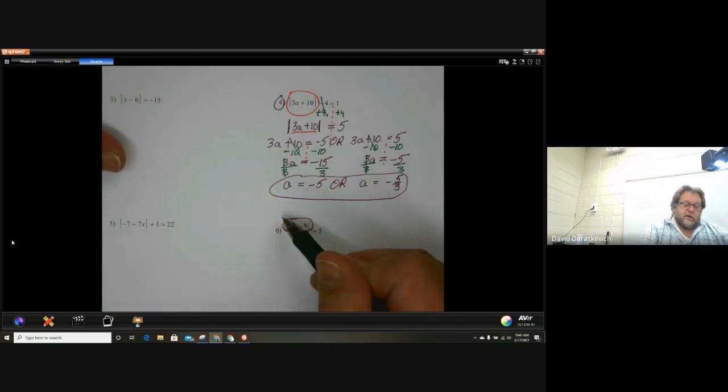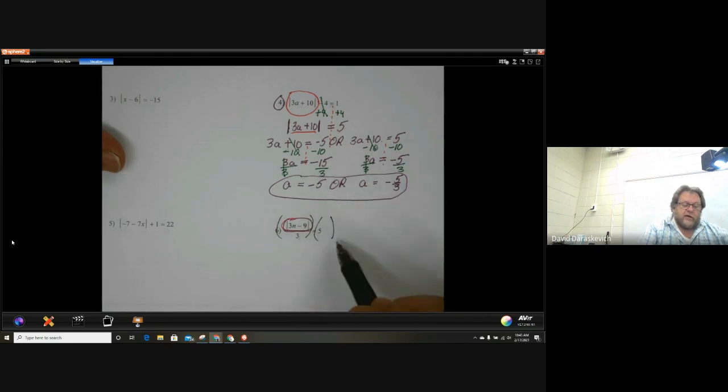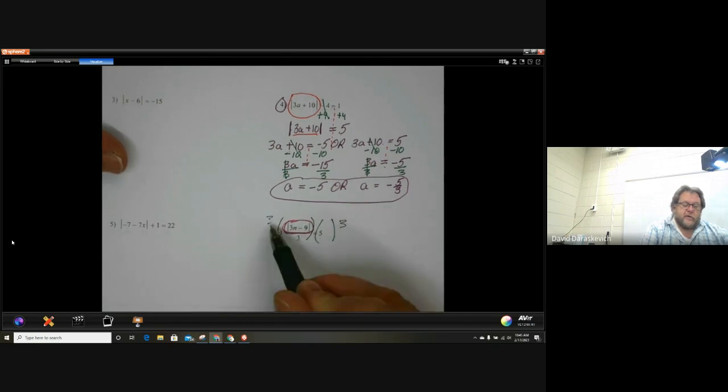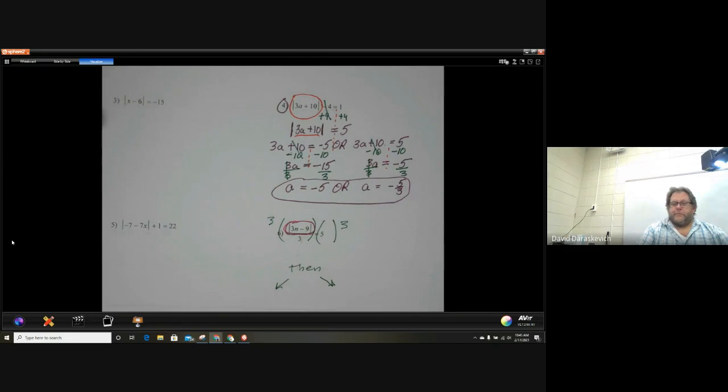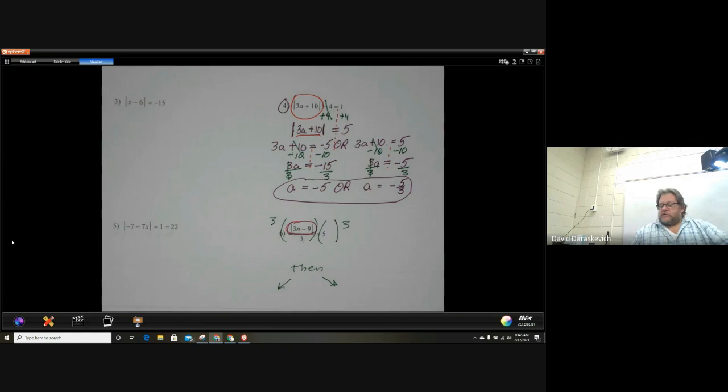So you end up multiplying both sides by the denominator 3, then split it up. Just to give you a little hint. That's just one more example other than the video for 1.6 part 1. Anybody have any questions on this?